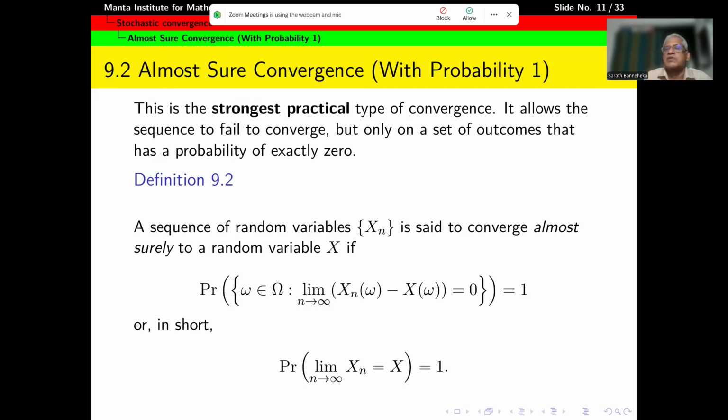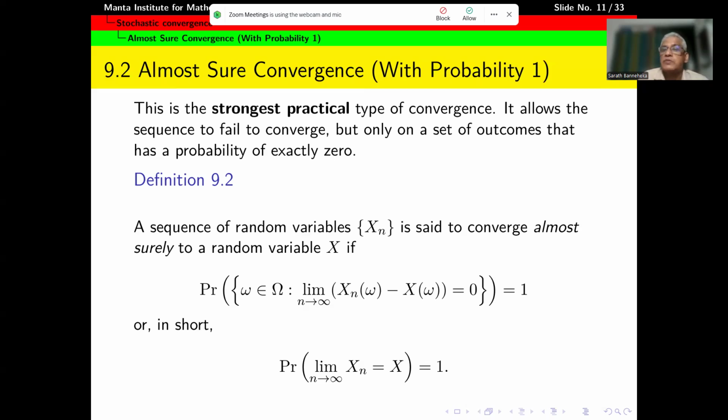But as I mentioned previously, it's enough for us to consider a situation where there might be some outcomes for which the sequence Y_1, Y_2, Y_3 may not converge to Y, or may not converge at all. But if the set containing that kind of omegas has probability 0, then we don't worry too much.